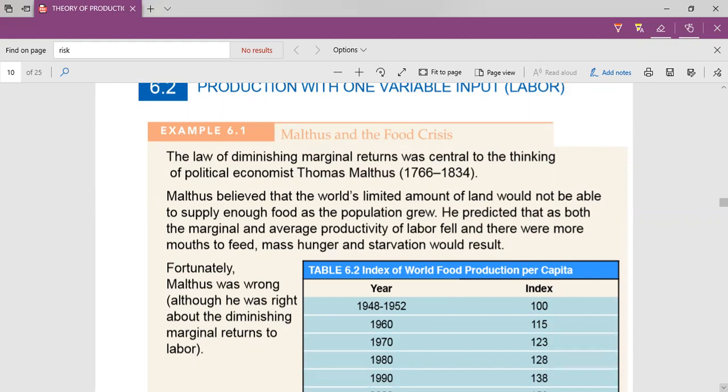And as a result, he said that we would reach a situation whereby the population would be equal to the amount of food, right? That would be an equilibrium, a point of crisis, where people would be eating just to survive.